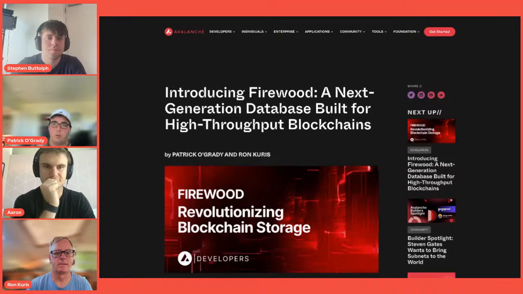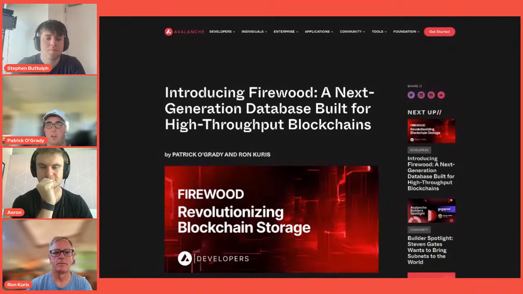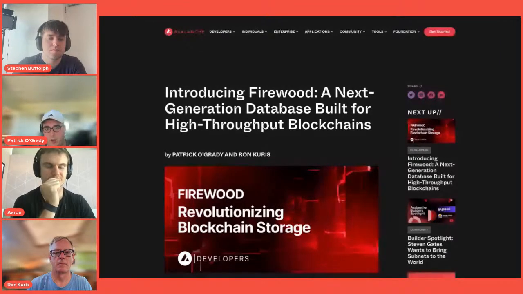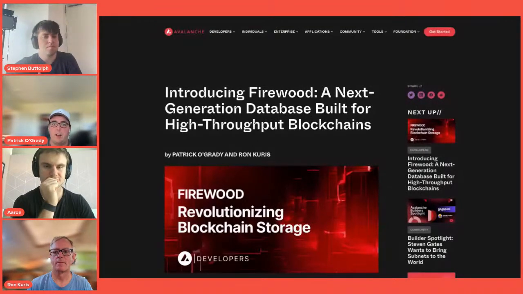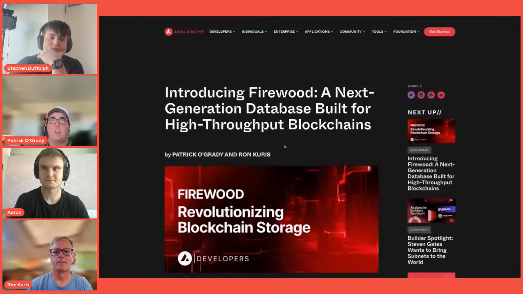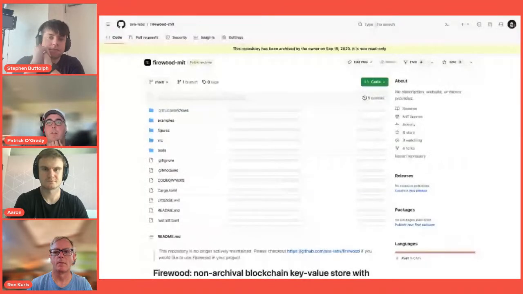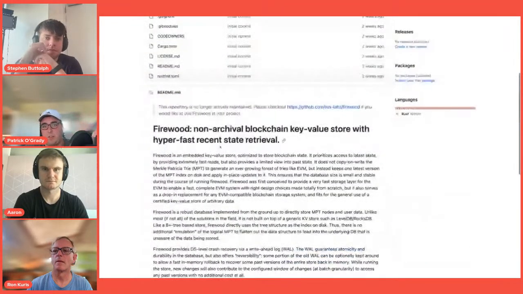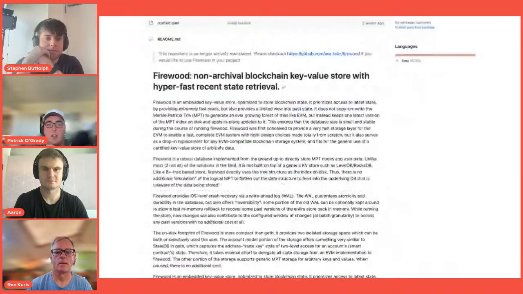For those that aren't familiar, Ted Yin was the one that actually built the initial prototype of Firewood, originally geared for the EVM. And so the Firewood-MIT repository, which I'll share here, includes everything focused primarily on EVM and EVM trie compatibility.